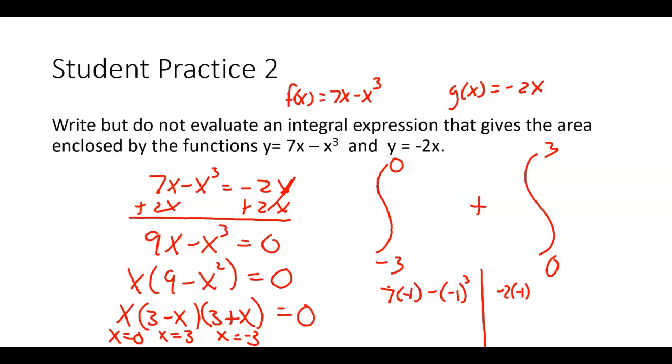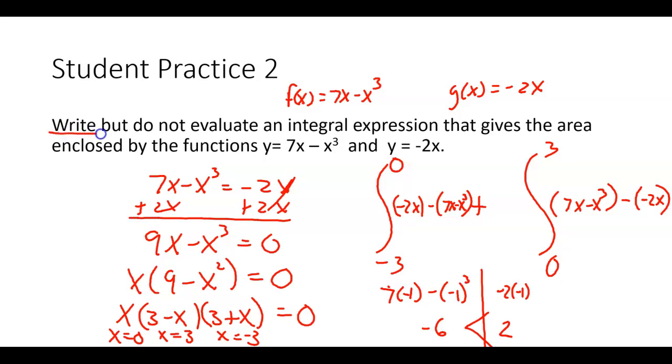This is -7 plus 1, which is -6. This one's 2. 2 is bigger, so the -2x is bigger. So you would do this one first, followed by this one second. For the first one, and on the second one, it's safe to assume they probably just reverse. So it looks like that.